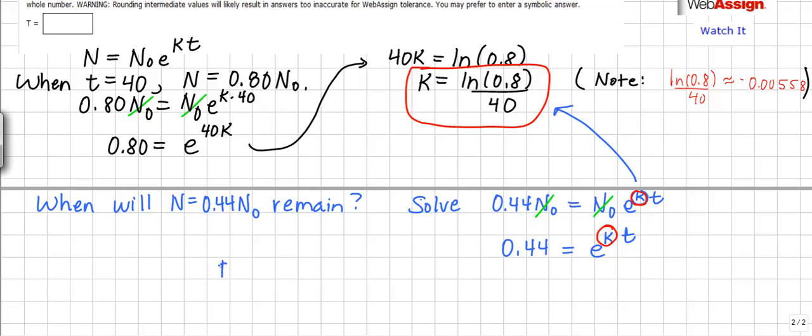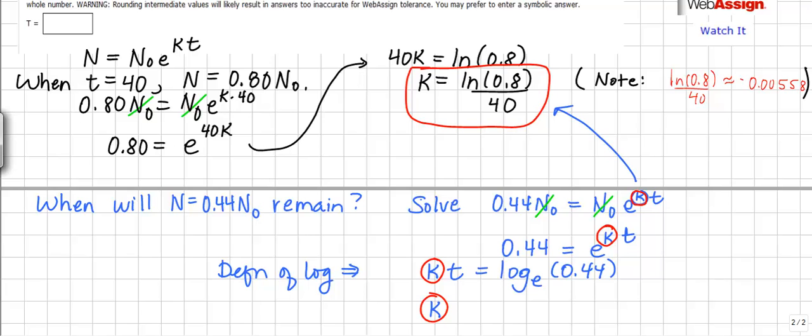So the definition of a logarithm, just like before, says that the exponent is the logarithm base e of 0.44, and as we did earlier, we write logarithm base e with the shorthand notation, natural log of 0.44.